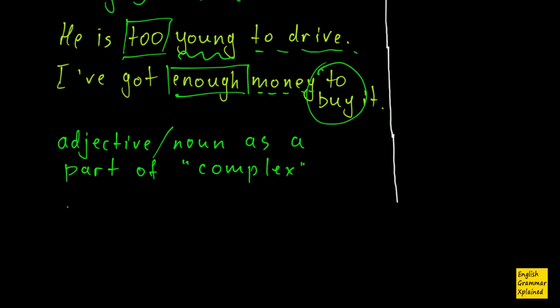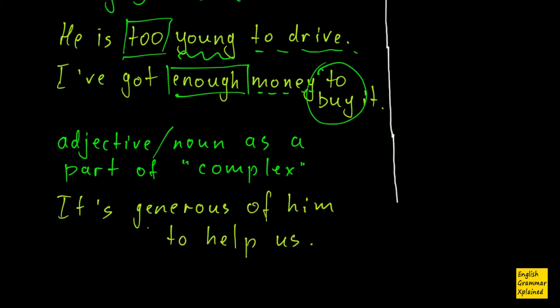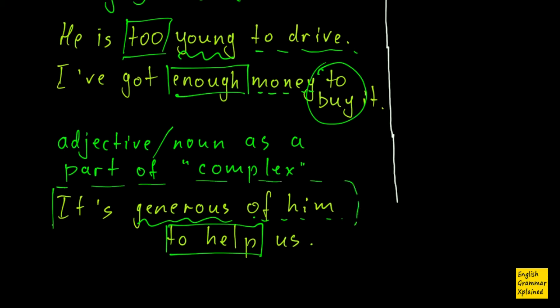For example, it is generous of him to help us. Here we have generous, this is my adjective. Then I have some object here, and then I have my infinitive in here. All this is a complex, basically.